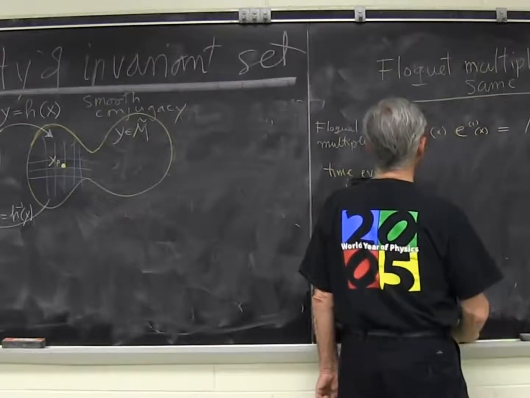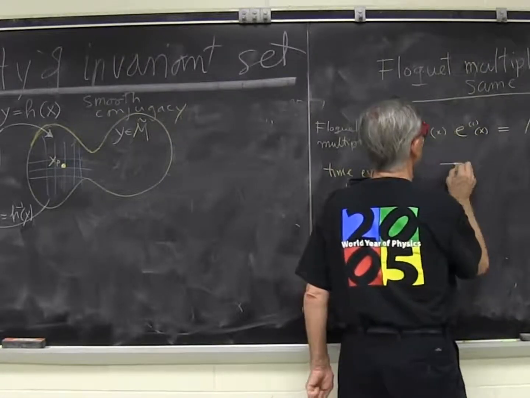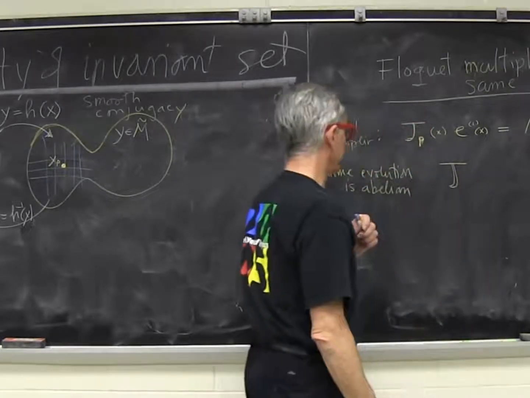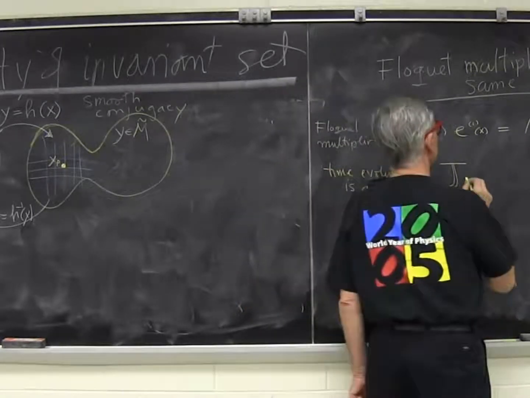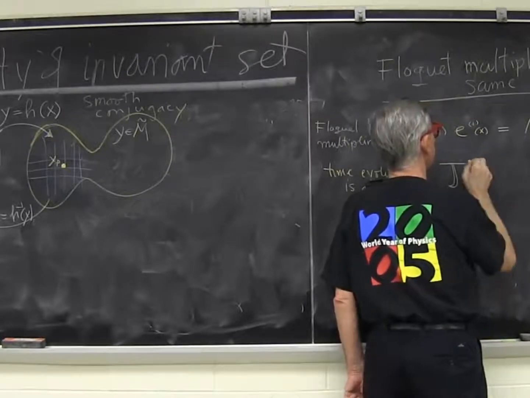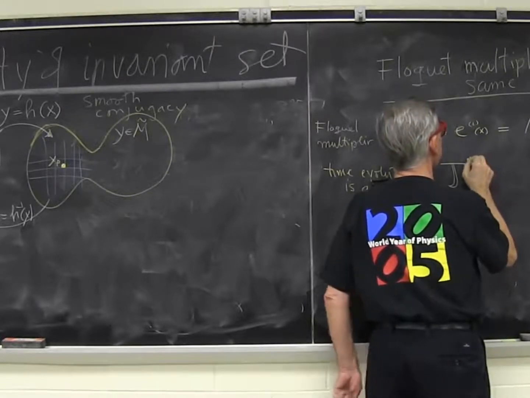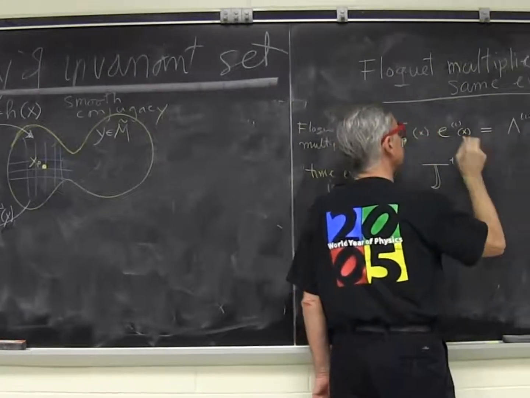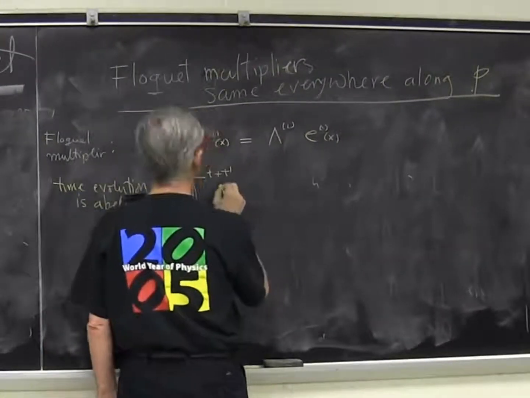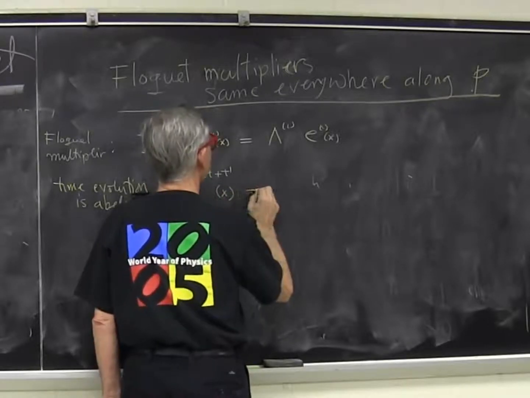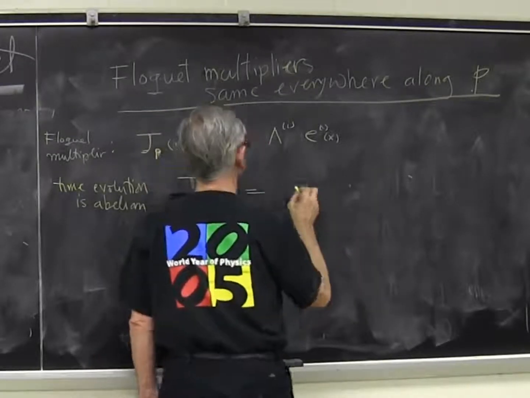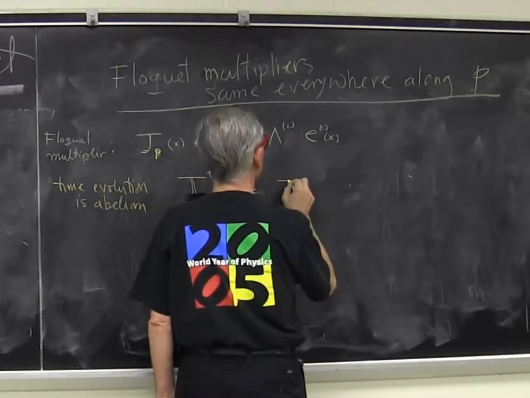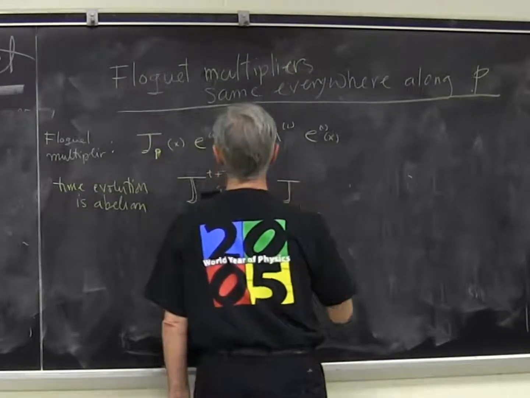I showed you last time, or a few lectures ago, that Jacobians have a group property: if you go for time t and then time t prime, having started at some point, that's the same as a product.